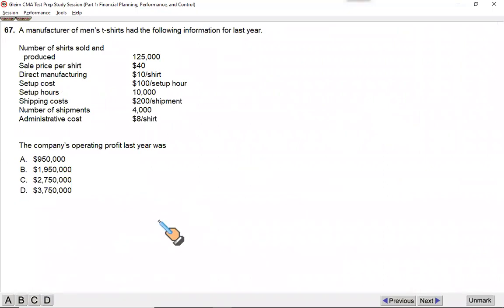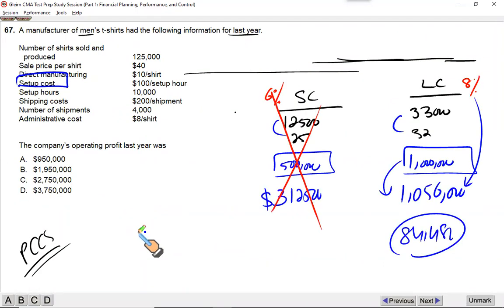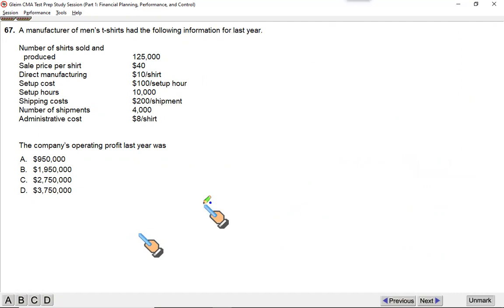This is it. Budgeted profit and loss account, or the budgeted income. Our manufacturers of men t-shirts had the following information for the last year. The company's operating profit last year was, or let's say if you're planning for the future, it's going to be your budget. So let us write down the numbers here.